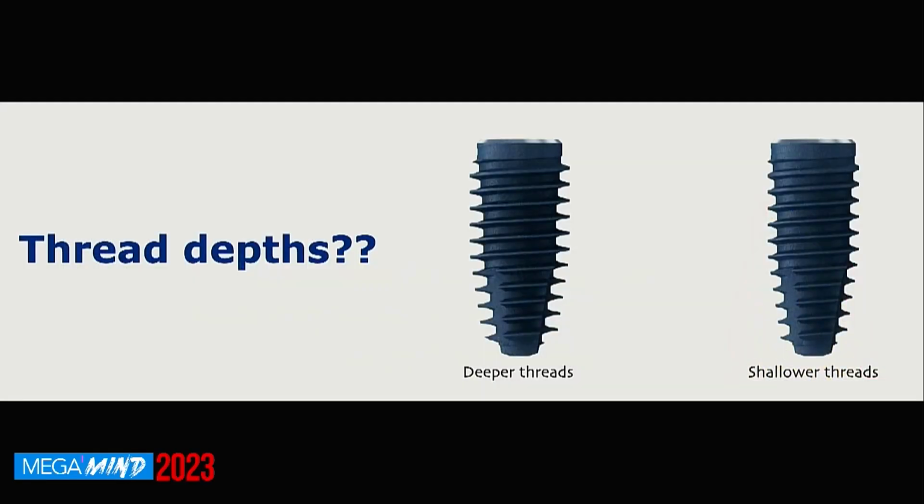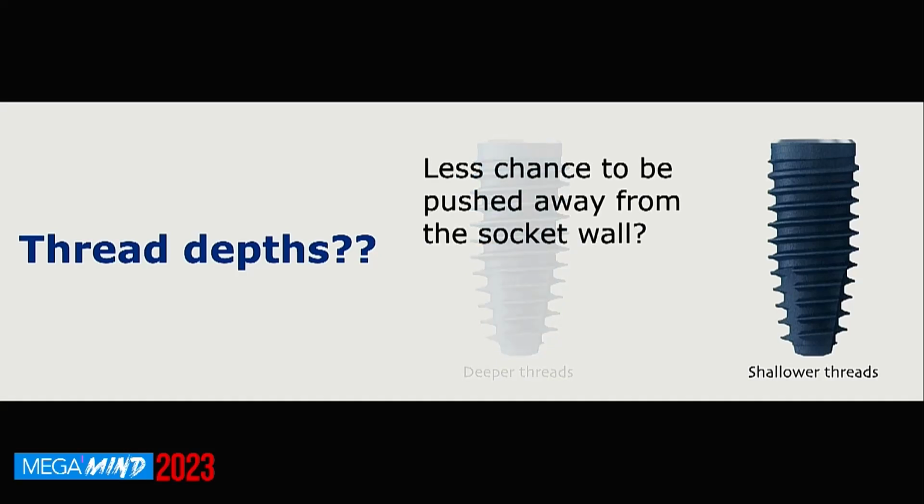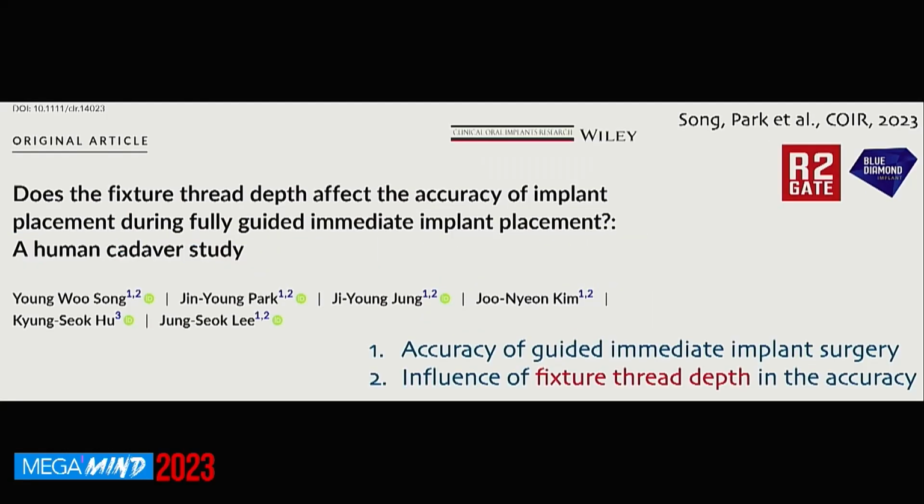So I could easily assume that between these two threads, the shallower one would have less resistance, and thus less chance to be pushed away from the socket wall. However, this assumption was made very roughly and was not supported by any scientific evidence. So what I wanted to do was research it.